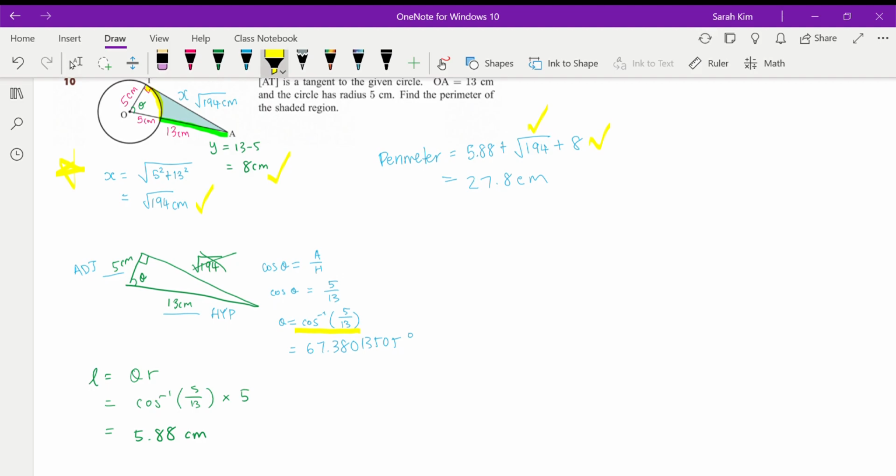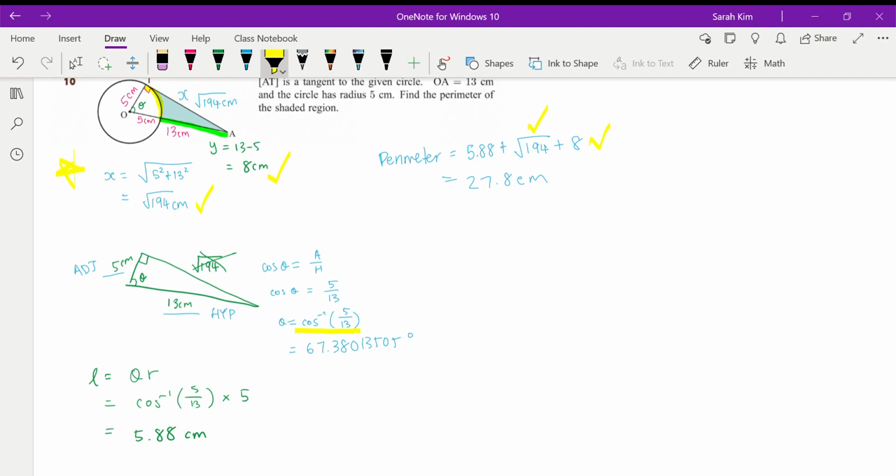So 5 centimeters, 13 centimeters, theta. This is adjacent. This is hypotenuse. So cos theta equals A over H, so 5 over 13. That's fine by me. Cos minus 1 of 5 over 13. The radius is 5. So the arc length, maybe I'll just double check the arc length. That's fine to me. 194 plus 8.